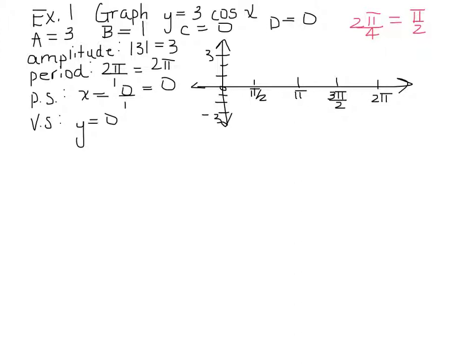And then we start our curve, or our wave. Remember, cosine starts at your max, then 0, then your min, then 0, then back at your max. And there's your curve.